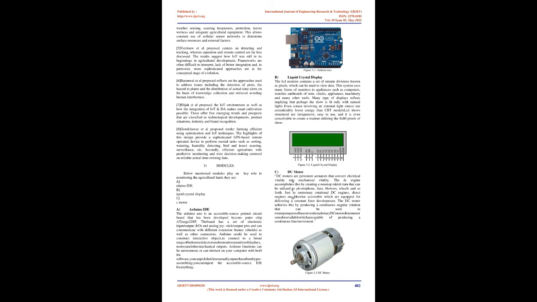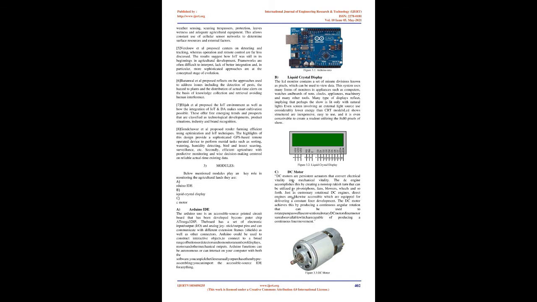4. Suma et al. proposed a wide range of technologies such as Bluetooth-based network connectivity, humidity and weather sensing, scaring trespassers, protection, leaf wetness and adequate agricultural equipment. This allows constant use of cellular sensor networks to determine surface resources and external factors. 5.